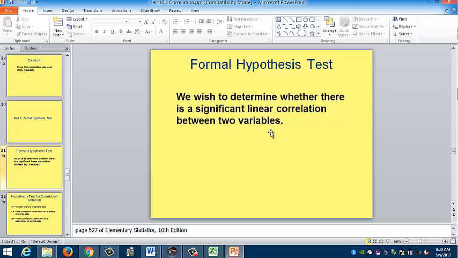Now, wait a minute. You guys know all about hypothesis tests. Usually, the very first thing you do for a hypothesis test is you make a claim. Right after you make the claim, what's the next thing you do? Null hypothesis and alternative hypothesis. Give me a sample null hypothesis. What's an example of a null hypothesis we've had?